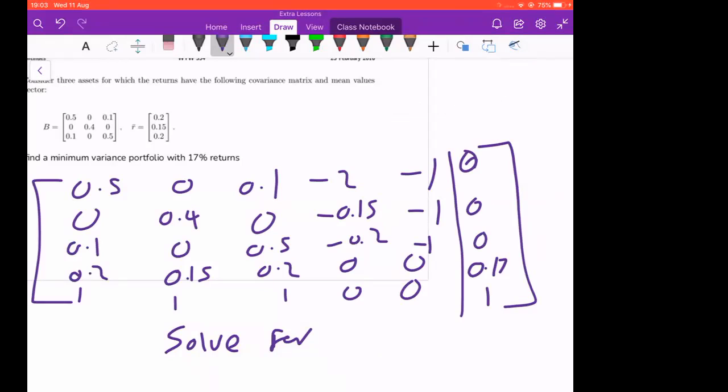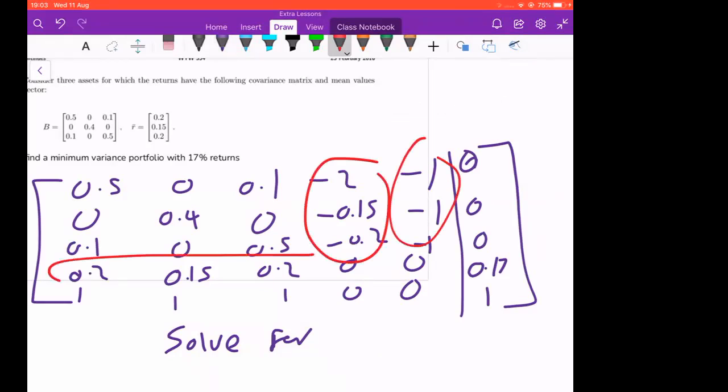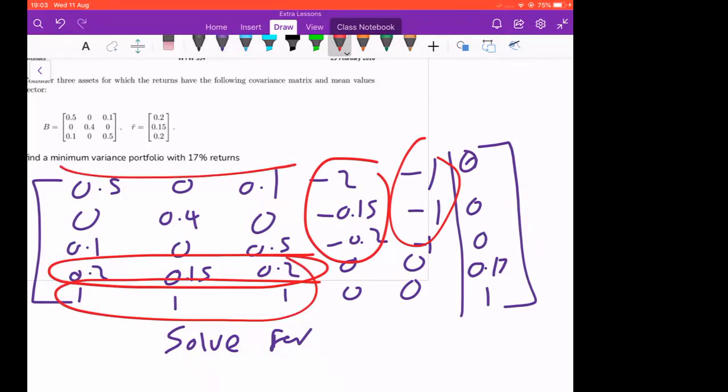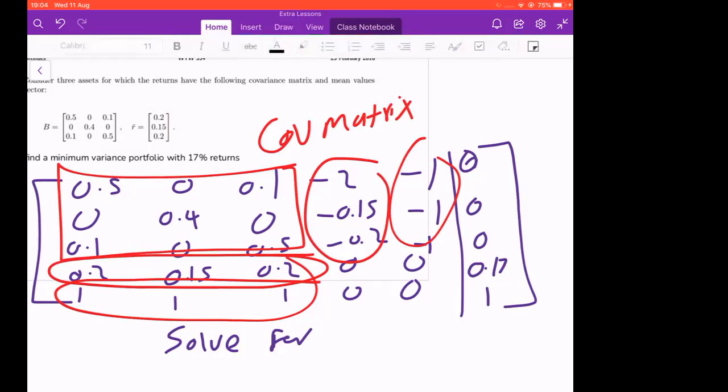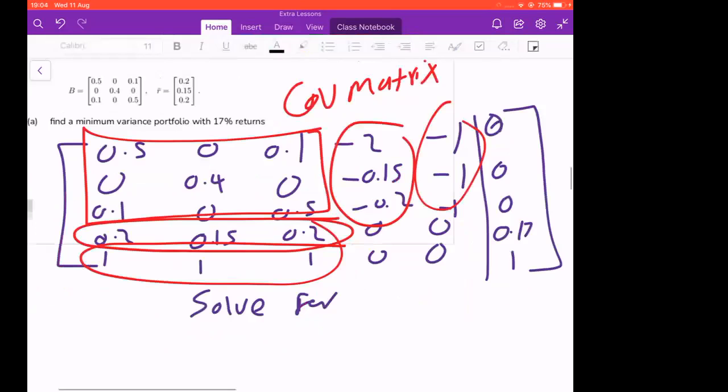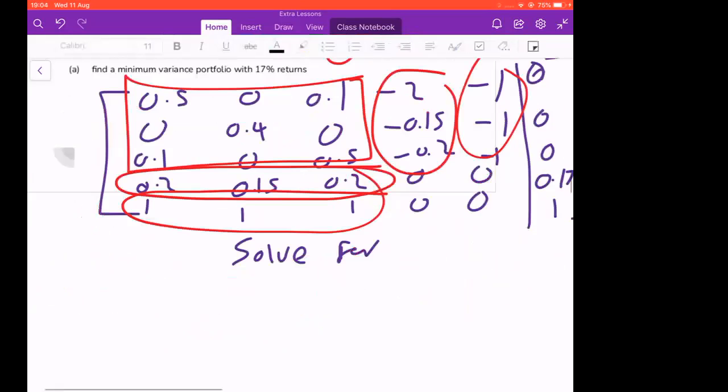These returns here were negative, and the ones are negative, and the returns here you just write them as they are, and then you just write the ones over there, and then this one here is going to be your covariance matrix. So this is how you do it. I'm not going to solve this because it's too long. I'm going to go to the next question so that we can learn a little bit.